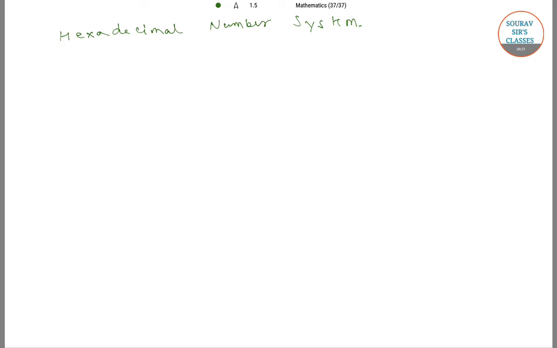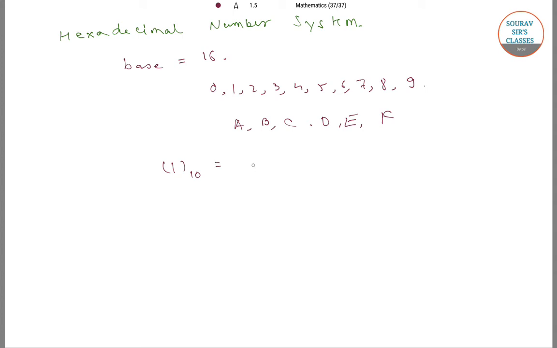Next is hexadecimal number system. It has base equal to 16, so it uses 16 unique symbols that are 0, 1, 2, 3, 4, 5, 6, 7, 8, 9, and A, B, C, D, E and F. Thus we have 1 of base 10 is equal to 1 of base 16, 2 of base 10 is equal to 2 of base 16, and so on till 9 of base 10 is equal to 9 of base 16.